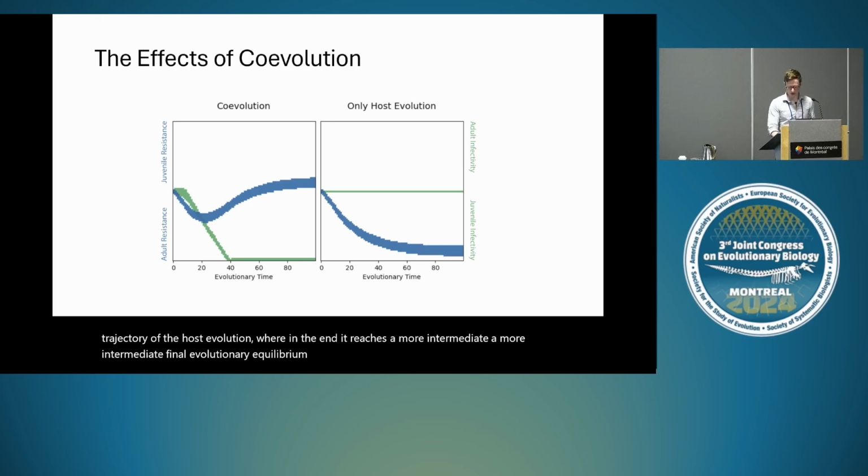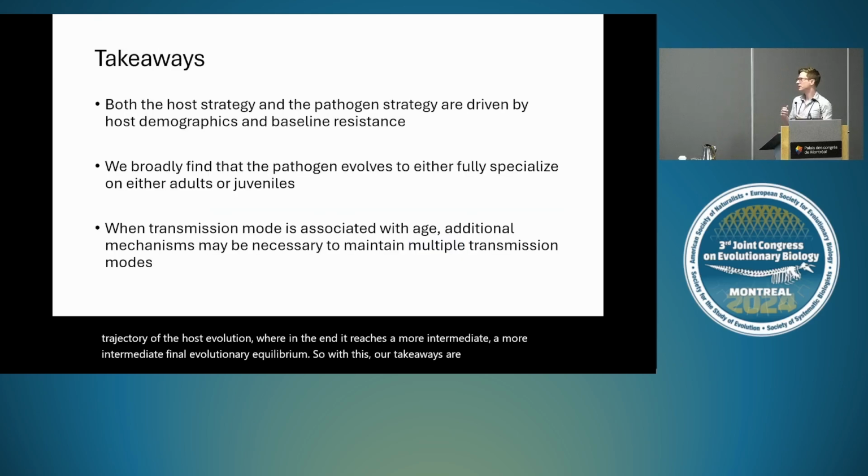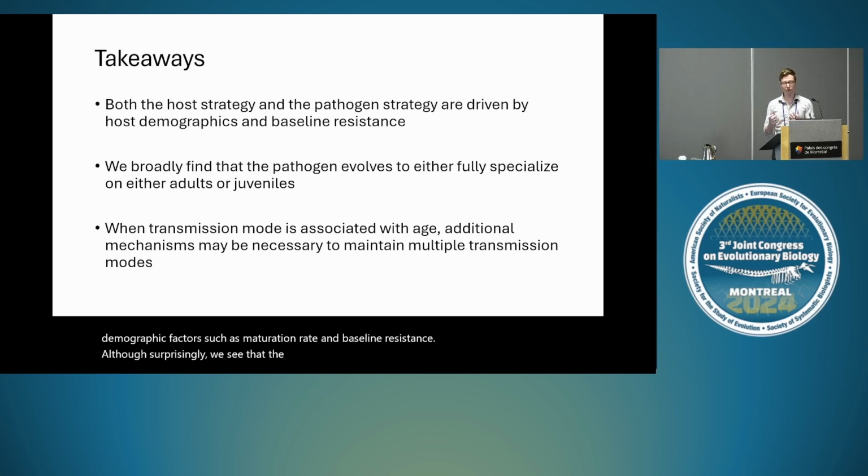With this, our takeaways are that both the host and the pathogen evolutionary strategy can depend on the underlying demographic factors such as maturation rate and baseline resistance. Surprisingly, we see that the pathogen evolves full specialization to either adults or juveniles depending on these parameters, and there's not really any intermediate zone.